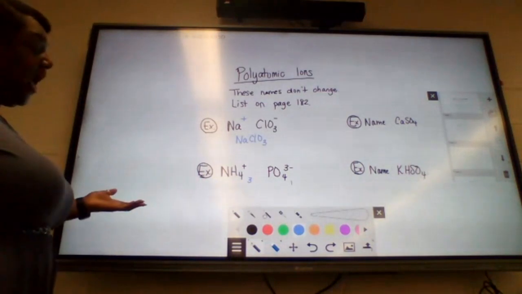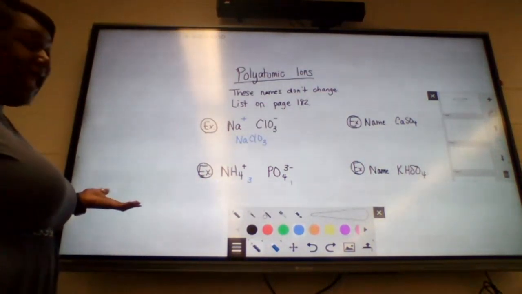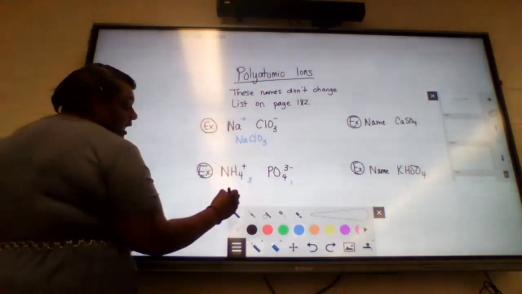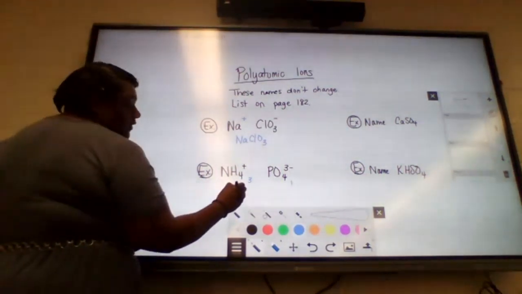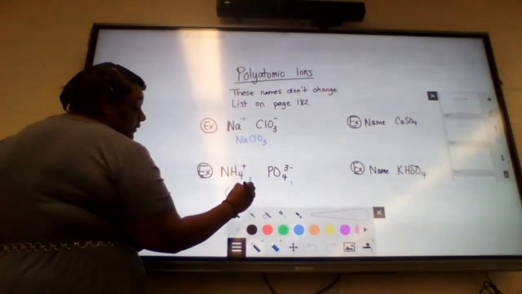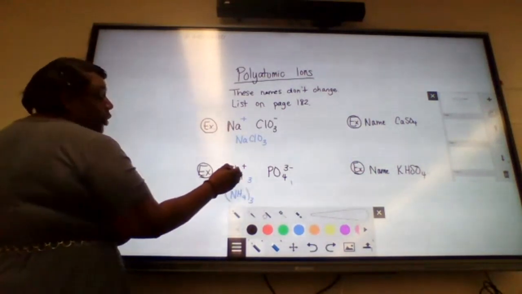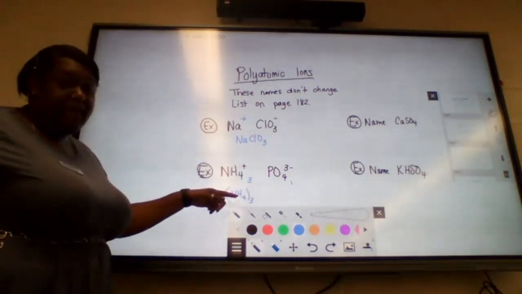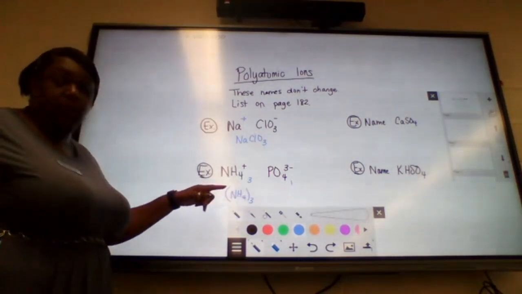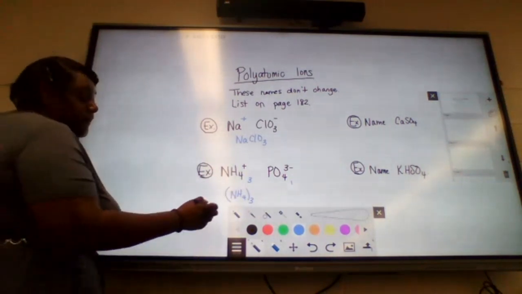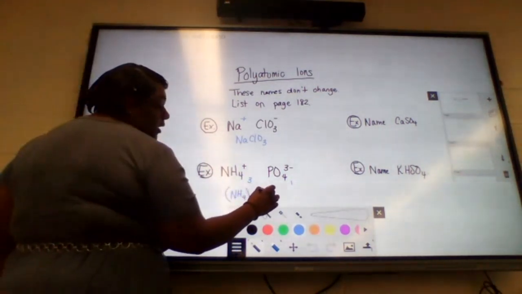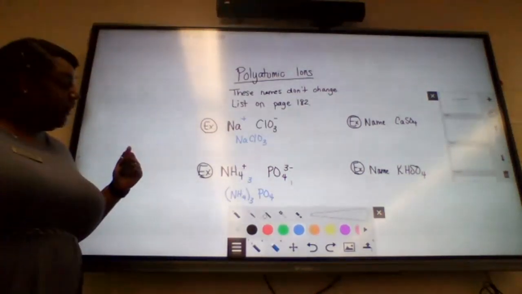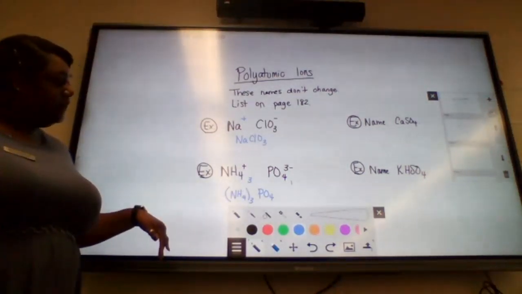And so now I have a polyatomic ion and I need more than one of it, and because of that, I have to enclose that polyatomic ion in parentheses. And again, whether or not your polyatomic ion has a subscript, if you have a polyatomic ion and you need more than one, you always put it in parentheses. If you only need one, then you don't need any parentheses. And so this would be the correct formula for this compound.